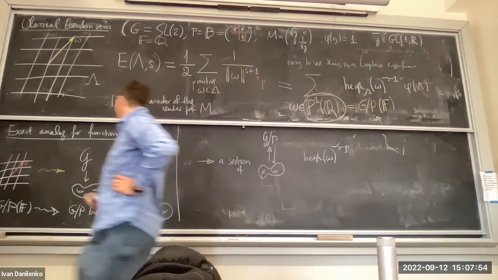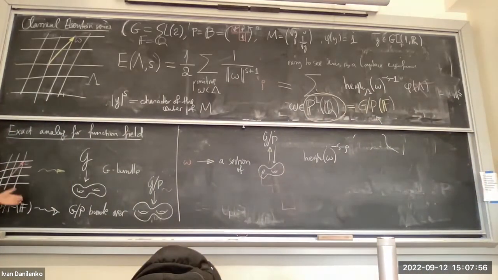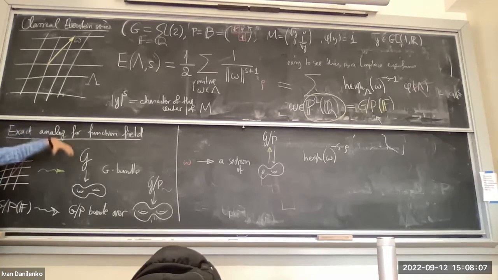So there's the double quotient, which was like a lattice in the number situation. That double quotient really is the space of G bundles. So one lattice is one G bundle. A lattice corresponds to a G bundle.